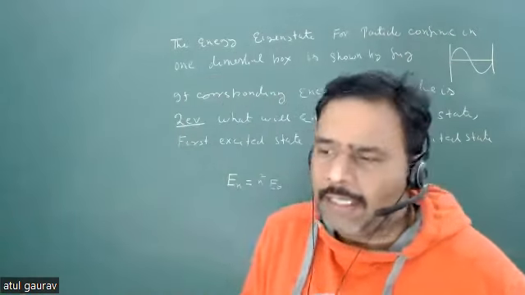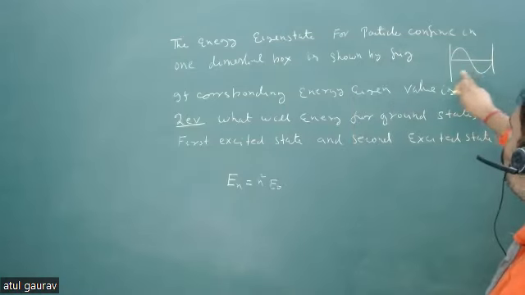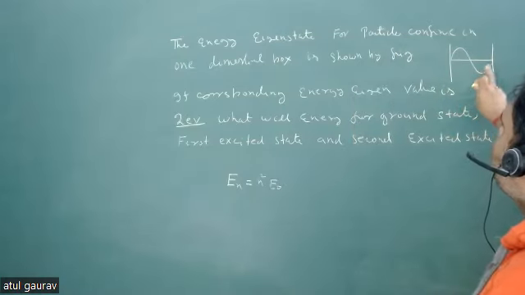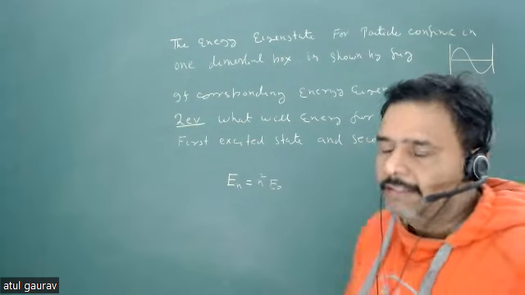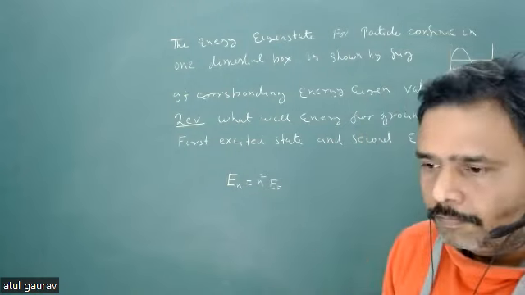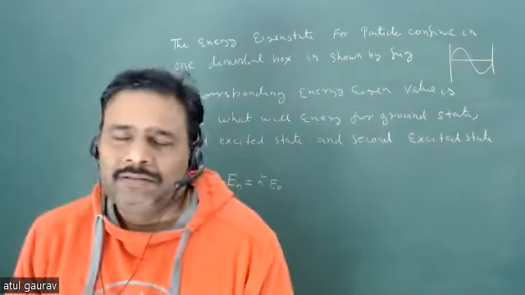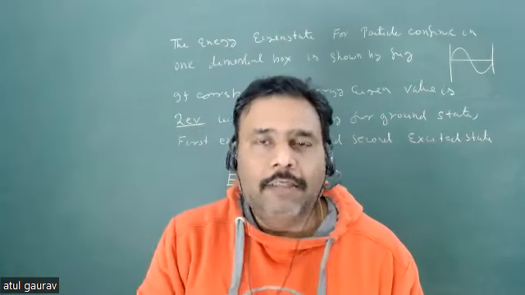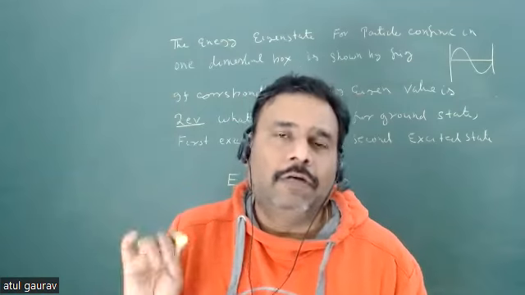We don't know the parameter, but we can assume the value of n in this case. What is the value of n for this particular figure? Two, sir. This is the first excited state only, because the nth state has n minus 1 nodes, isn't it?